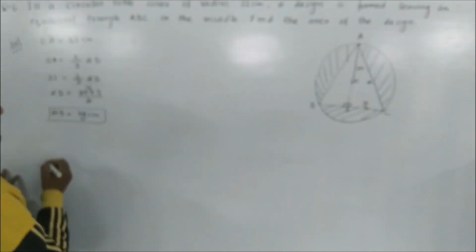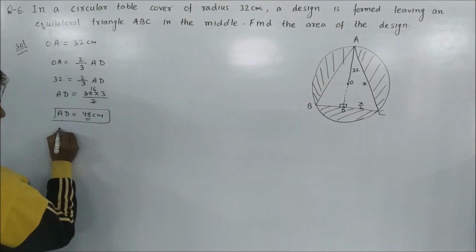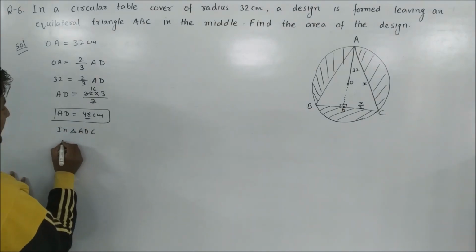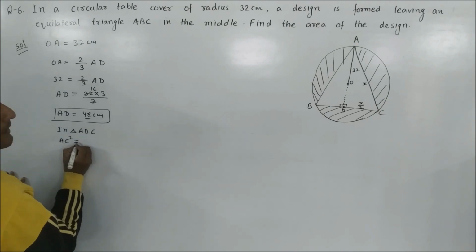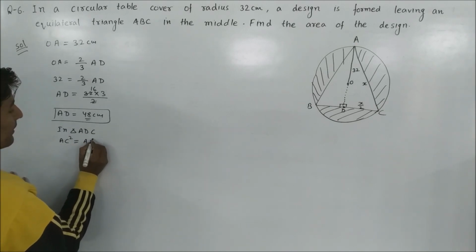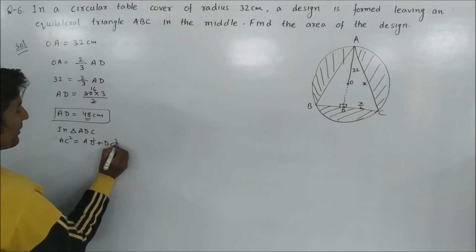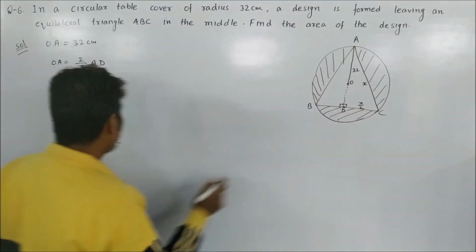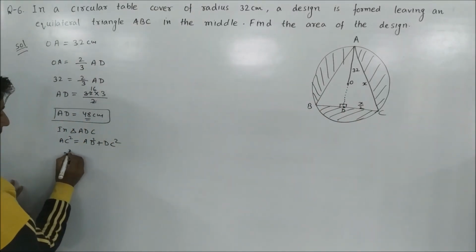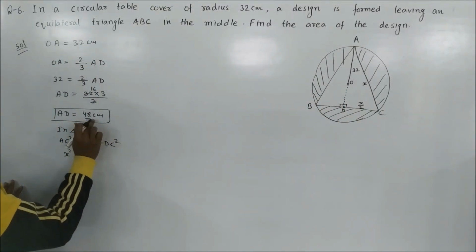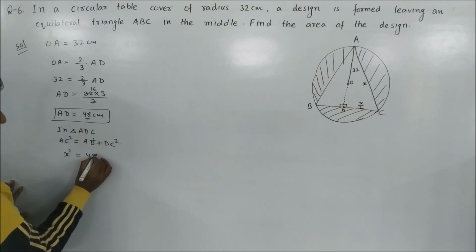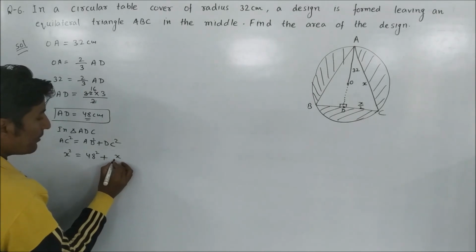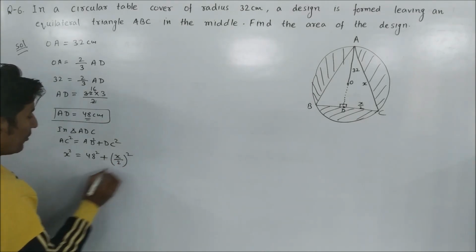So here we can write in triangle ADC, AC square will be equal to AD square plus DC square. The value of AC I have taken as X, so X square is equal to AD square. The measurement of AD we have calculated is 48, so we can write 48 square plus DC, where DC is X upon 2, whole square.